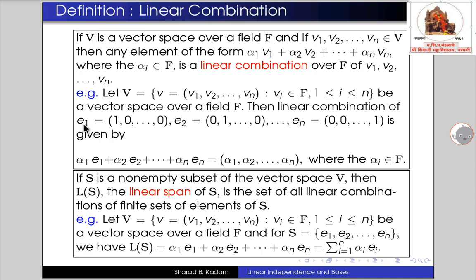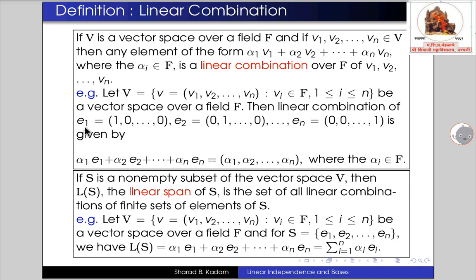Here E1 is an n tuple whose first component is 1, whereas all other components are 0. E2 is an n tuple whose second component is 1 and all other components are 0. Similarly, for En, the nth component is 1, whereas all the other components are 0.